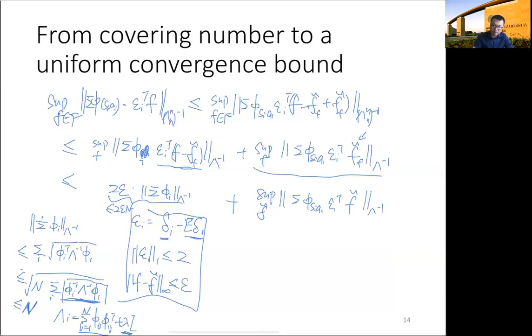And now we can apply a union bound. The pointwise result holds for fixed f tilde, and now there's only the covering number of such f tilde. And then apply the union bound.